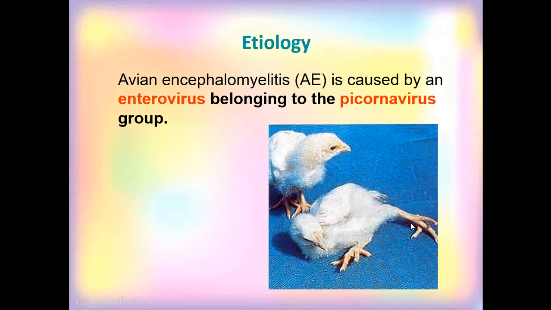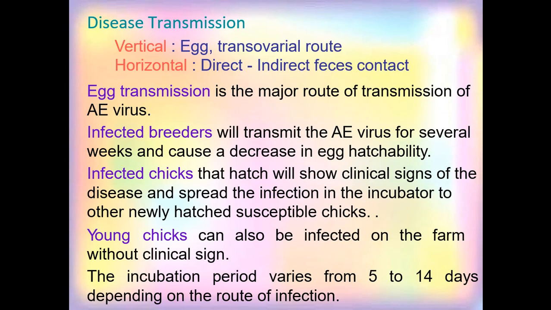There will be paralysis, and the paralysis occurs at a very early, young age of the chicken. The transmission can be vertical, meaning from the hen to the day-old chick, transmitted through the ovary, or also horizontal, direct or indirect, in particular by contaminated feces.